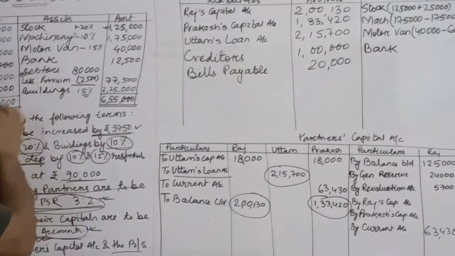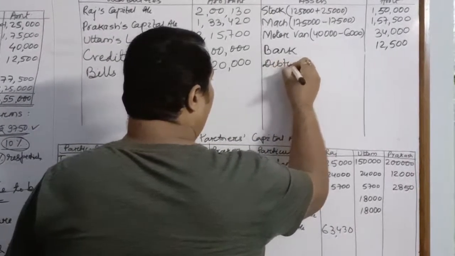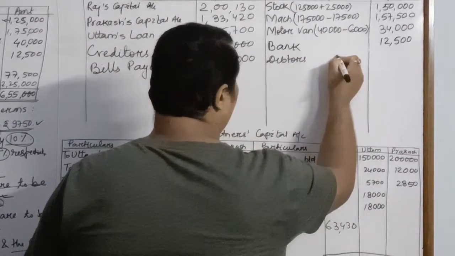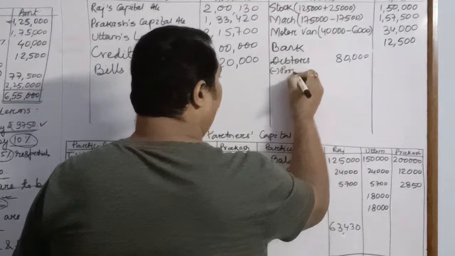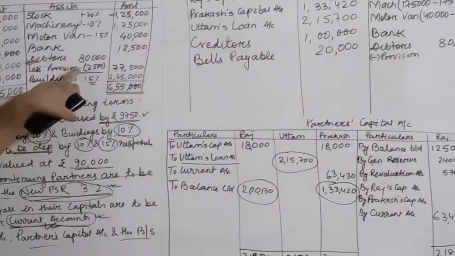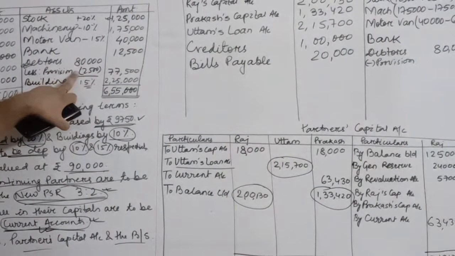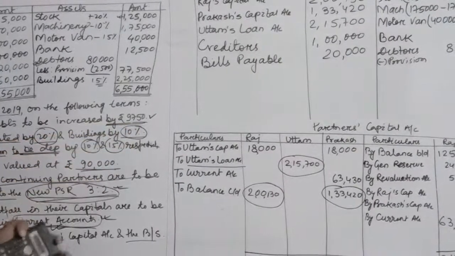Next is debtors. Debtors I will write as whatever was the value given, 80,000 less provision. Children, if you can see over here, you had the old provision of rupees 2,500 which was to be increased by 9,750.